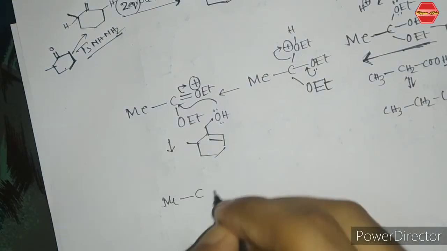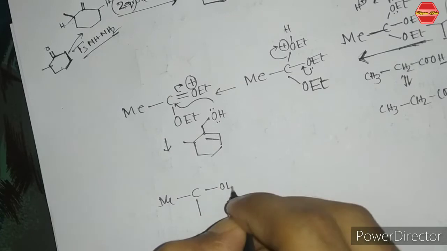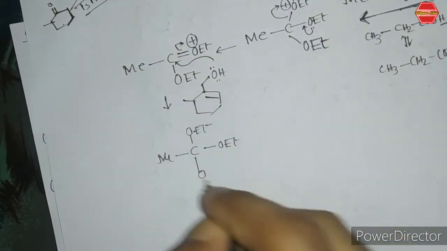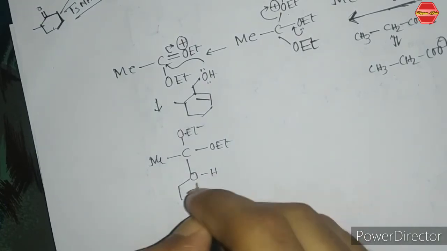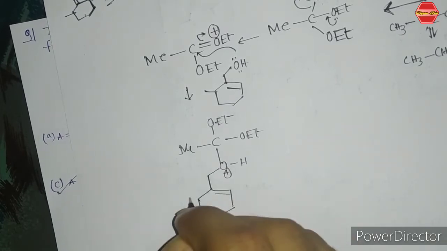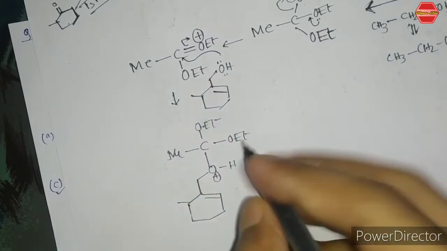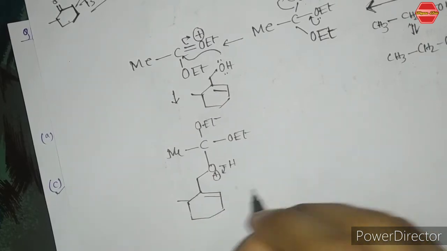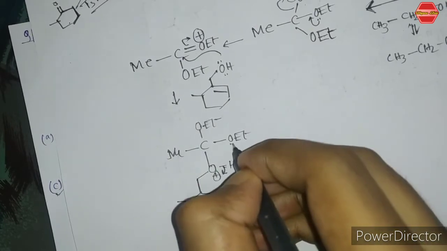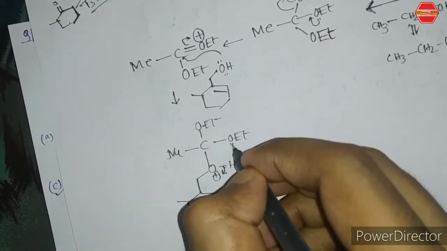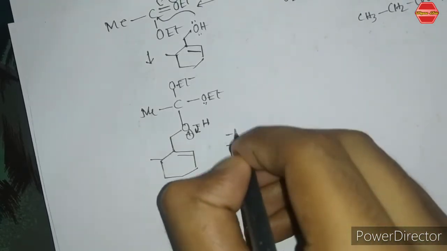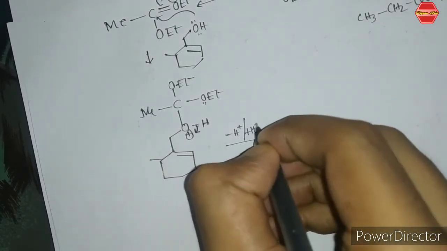Then there is a formation of C, with OEt, another OEt, and here an OH, which is positive. Now if this hydrogen leaves from the system, then it also has a lone pair of electrons that can capture this hydrogen. So I write here minus H plus, plus H plus.